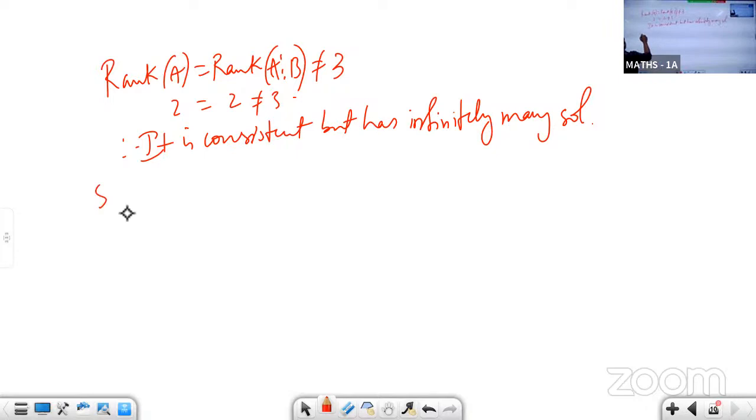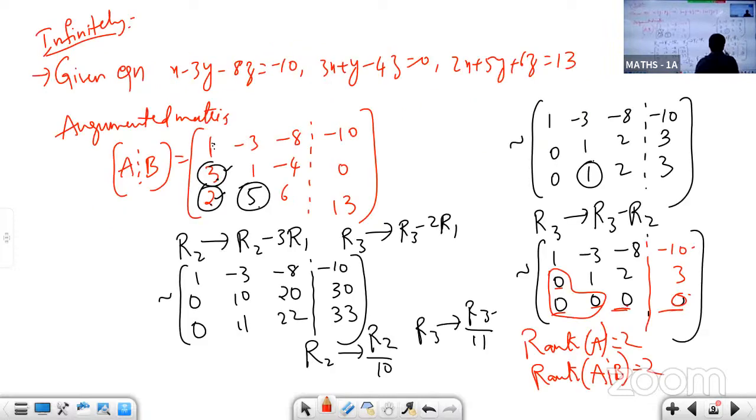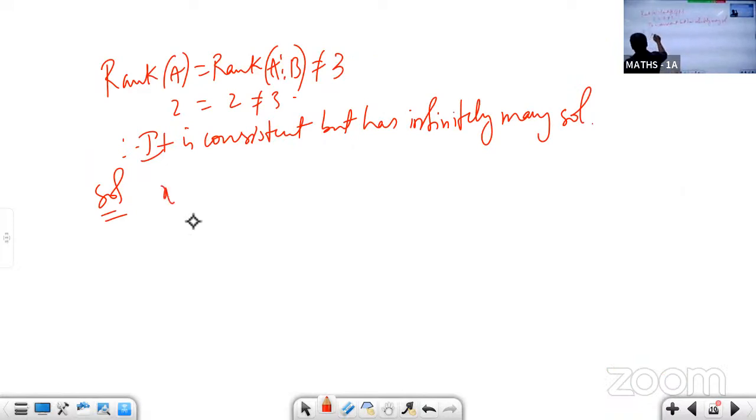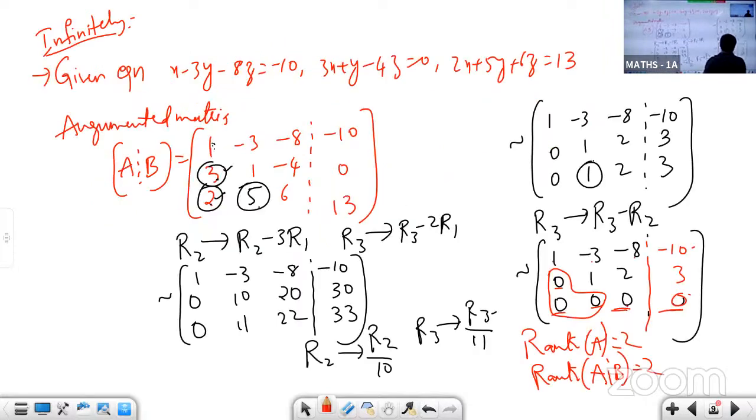Now, I'm going to write the solution set. See, these are x, y, z coefficients. So x minus 3y minus 8z equal to minus 10. Next, y plus 2z equal to 3. In the third row, all zeros I am having, so 0 into x plus 0 into y plus 0 into z equal to 0.